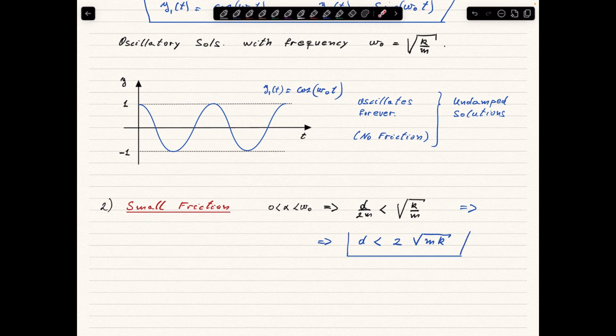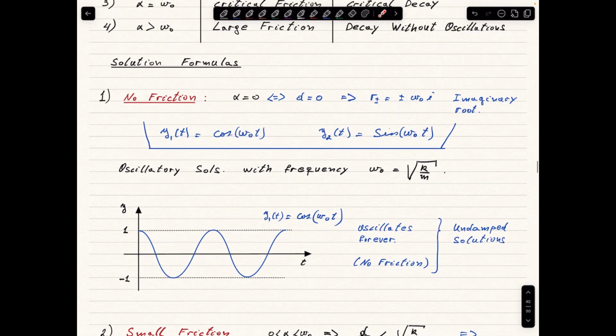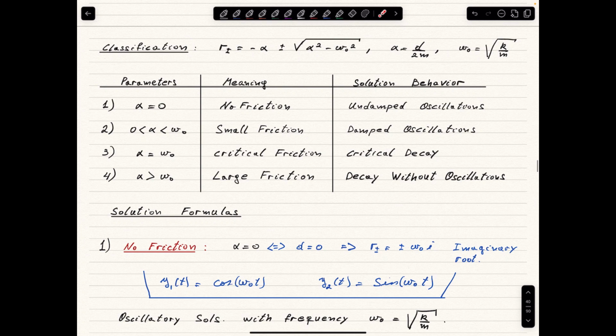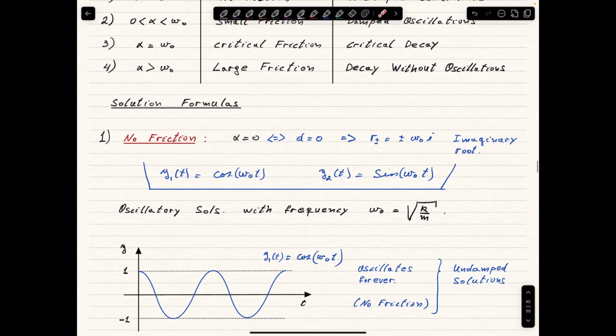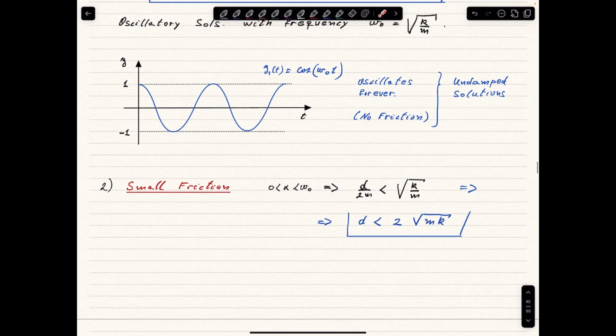So this is the condition of small friction written in terms of the coefficient d. And here is the same condition written in terms of alpha. In terms of alpha is very useful because, well, recall this is the expression for the roots that are given in terms of alpha. So let's copy that expression down here. Let's say here r plus minus is negative alpha plus minus the square root of alpha square minus omega 0 square.